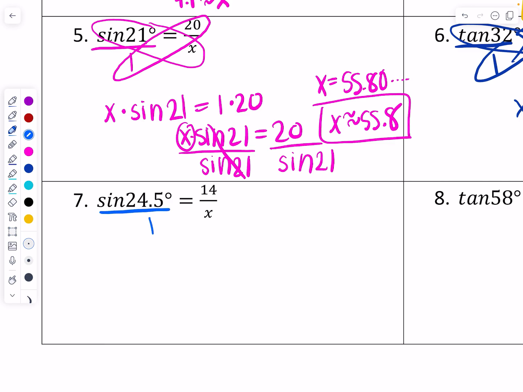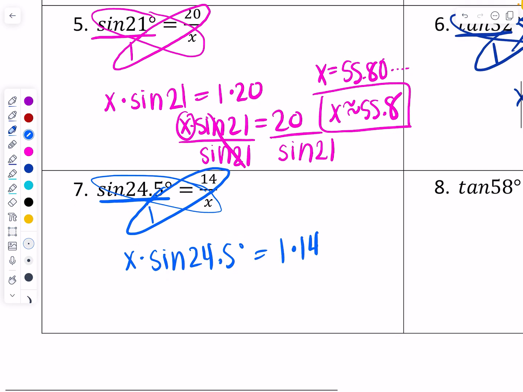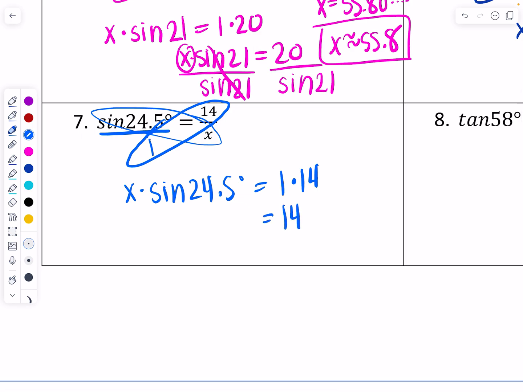When I cross multiply this one, that is going to be x times the sine of 24.5 degrees, equal to 1 times 14, which is just 14. How do I get x by itself on one side? I'm going to divide by the sine of 24.5.